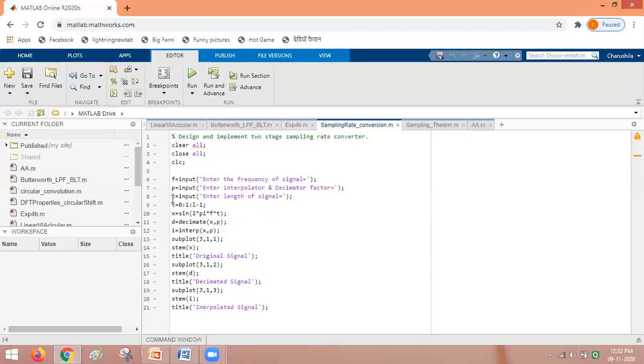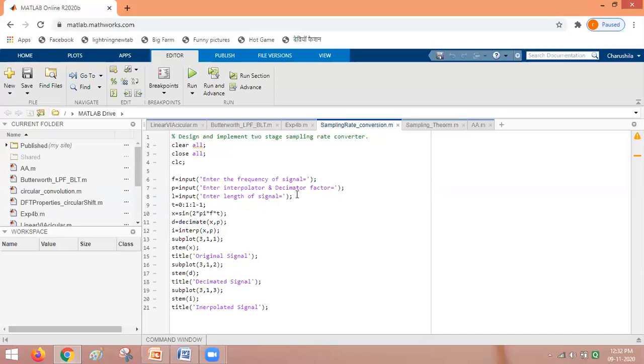saved in parameter L. In the next line, t is equal to 0 to L minus 1 with the step size 1 is the instruction given. So this particular instruction will assign the values to variable t starting from 0 to L minus 1. L is a number of elements or number of samples we are requesting in the original signal.